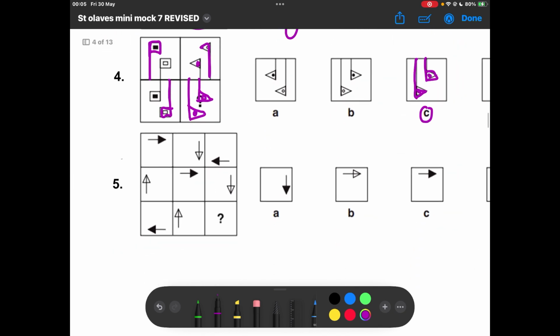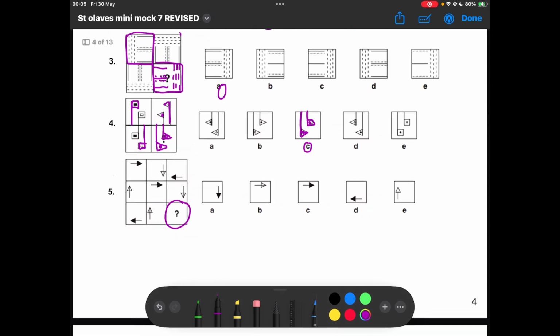Next question. Here, what happens is it goes black, white, black, white, alternating. So that means this one has got to be black. Already rule out B and E then.